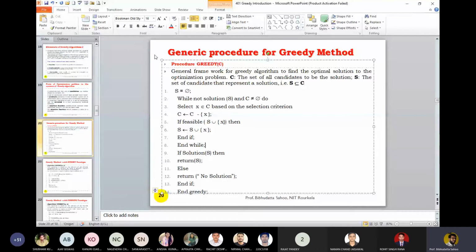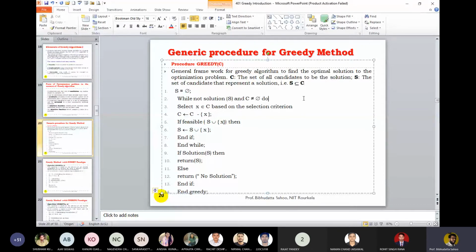So initially the solution set is initialized to empty, or phi. While there is not a solution S, all the candidates will be examined. That means you are examining all the edges inside the candidate set C. The program stops when the solution is produced; until then you have not visited all, or you have not connected all the n vertices.